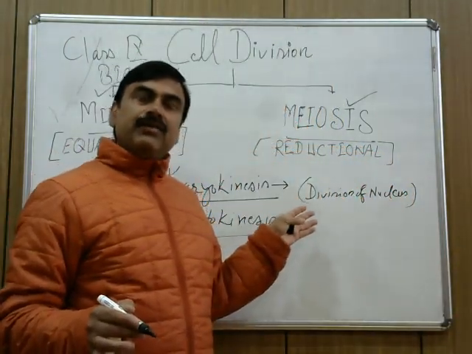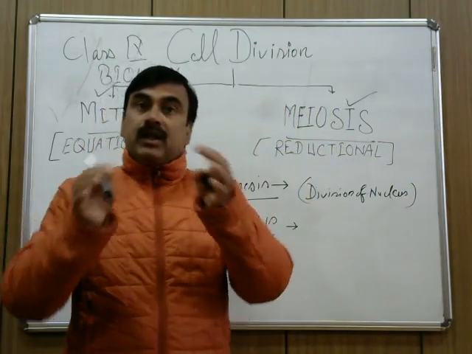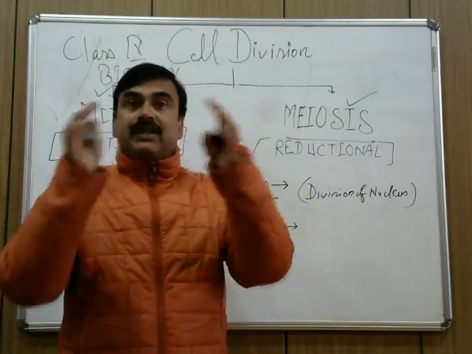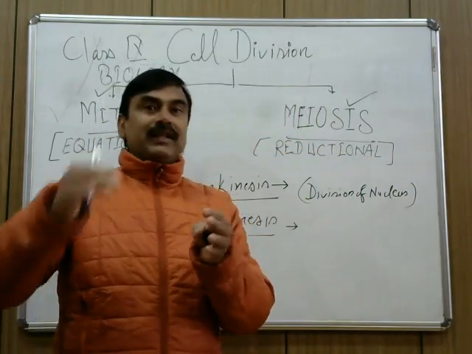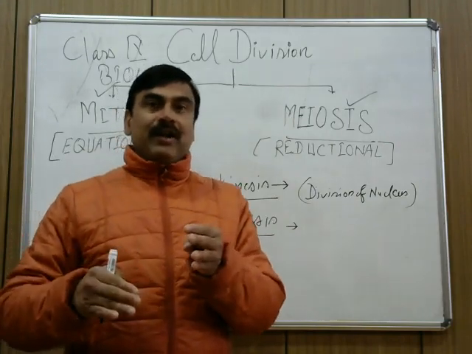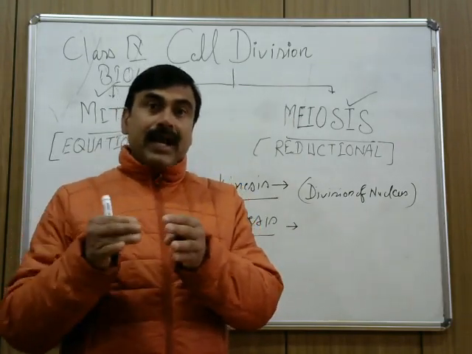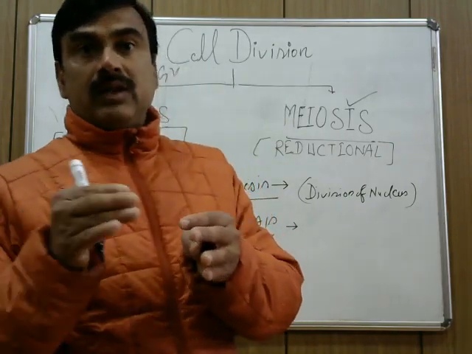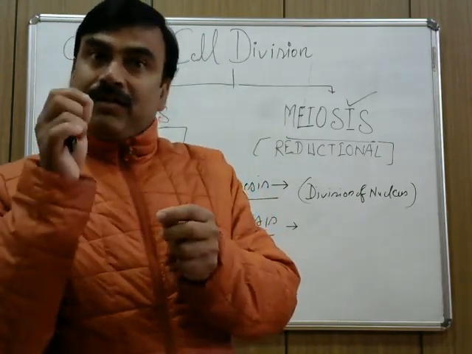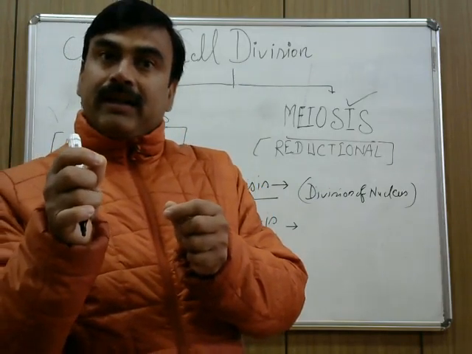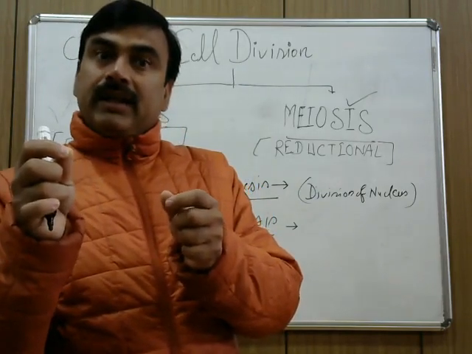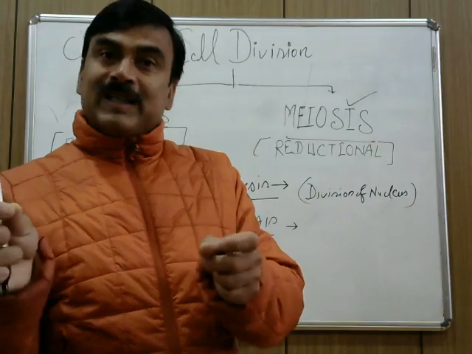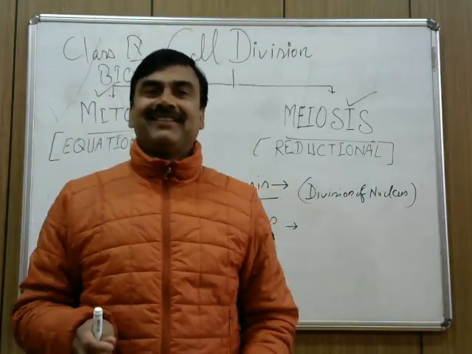Karyokinesis, the division of nucleus. The important part of the cell is the nucleus. You know, the controller of the cell, where the important divisions take place. And inside the nucleus, the very important carrier of heredity, carrier of the characters, the thread-like structures, the chromosomes, divide.